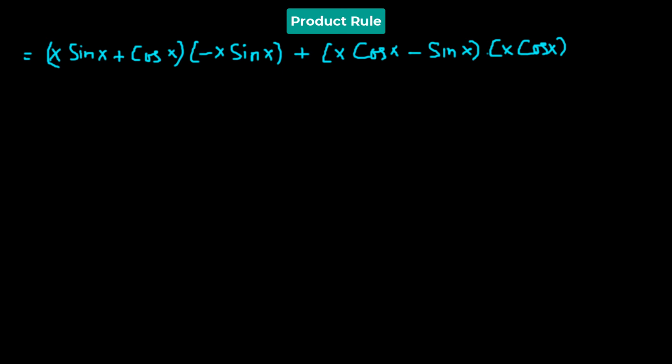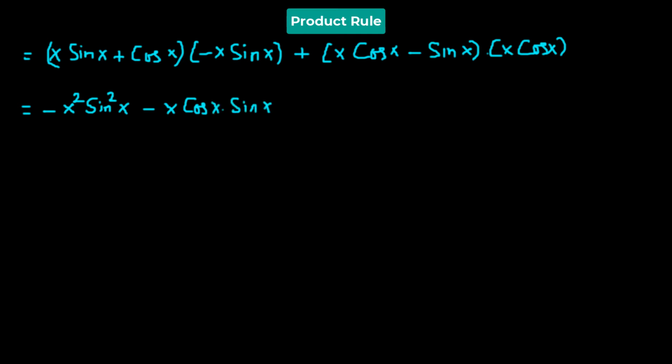So we are going to distribute negative x sine x with the two terms, x sine x and cosine of x. So x sine x multiplied to negative x sine x will give us negative x squared sine squared x. Then we have cosine of x multiplied to negative x sine x, so that will be negative x cosine of x times sine x.